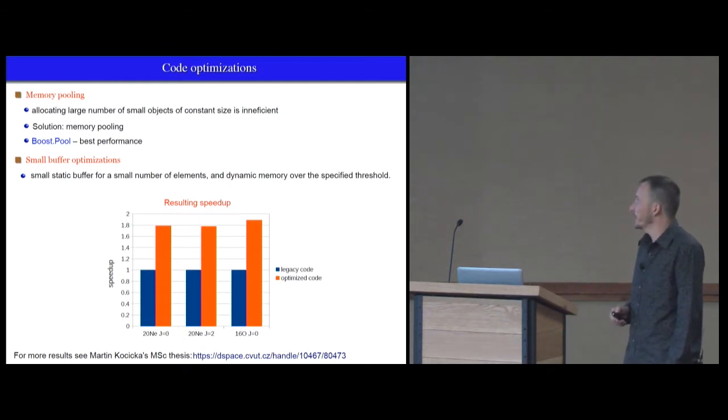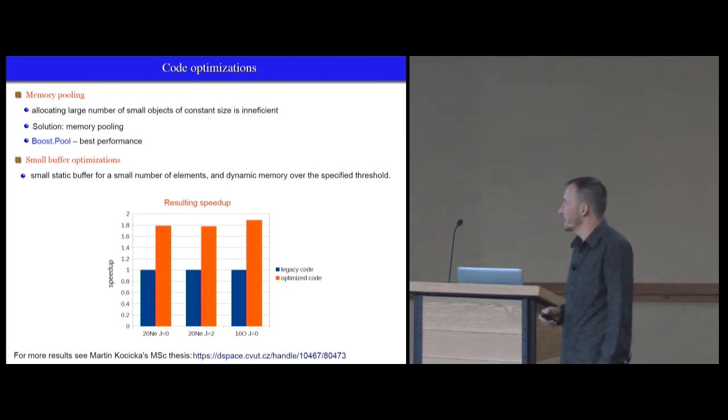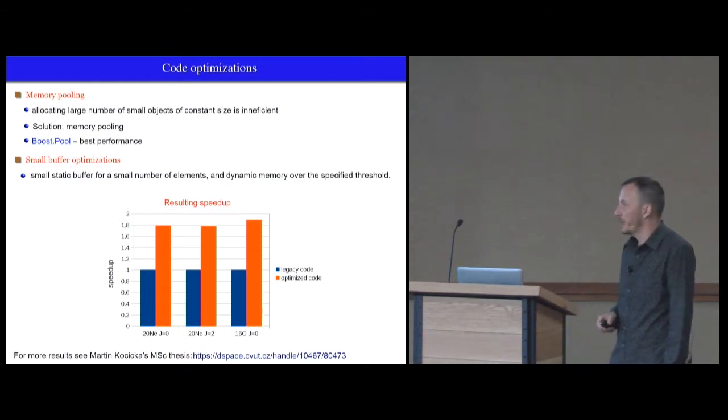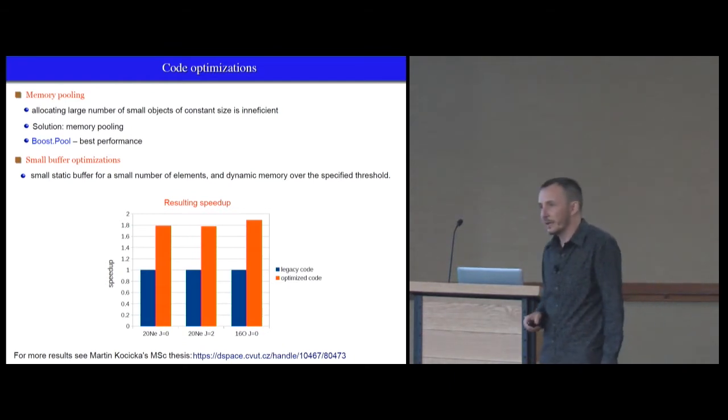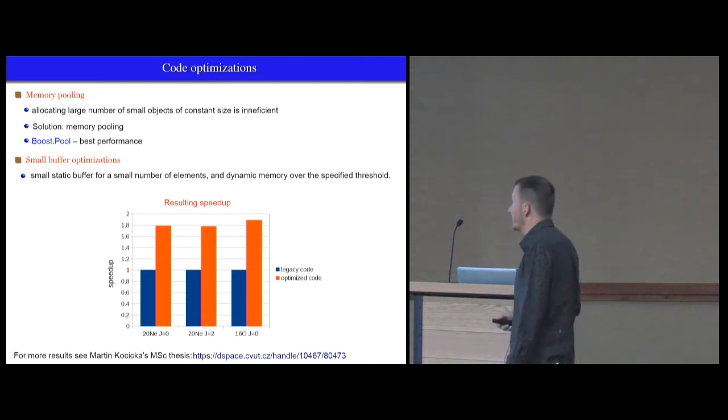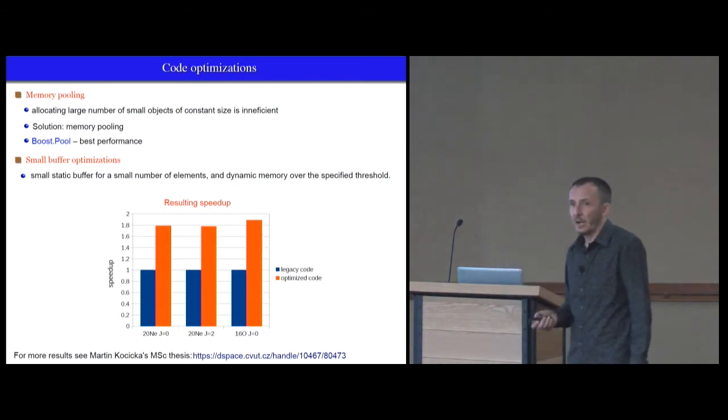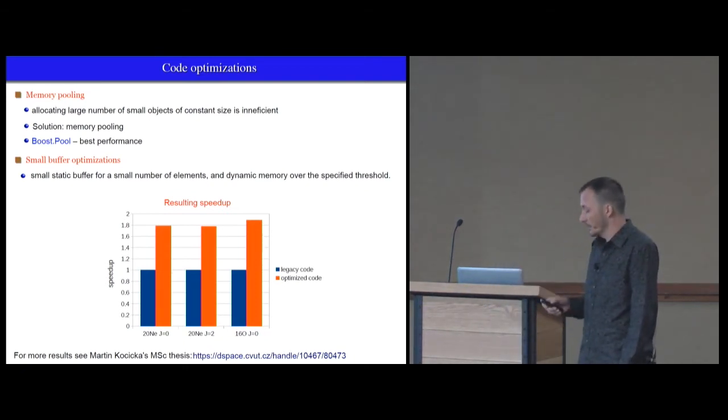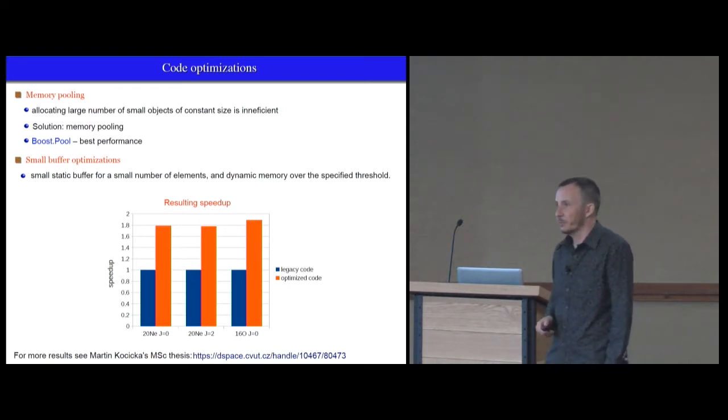Another code optimization was a small buffers optimization. So in our code, we are using lots of standard template library vectors, and those vectors are doing allocations on heap. But again, in most cases, those vectors are fairly small.